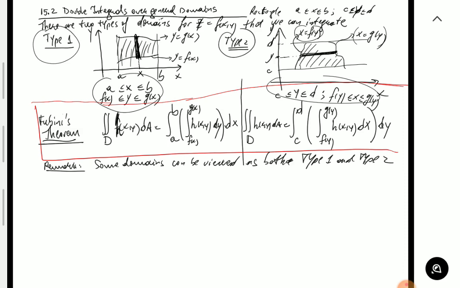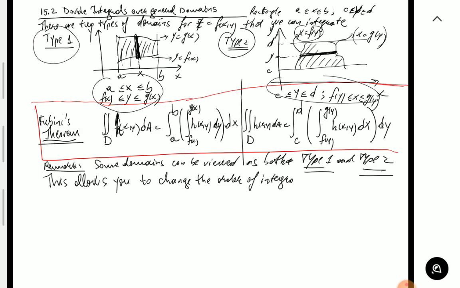Because this property that they can be both of type 1 and type 2, this allows you to change the order of integration. dx dy versus dy dx. And that's a very good thing.